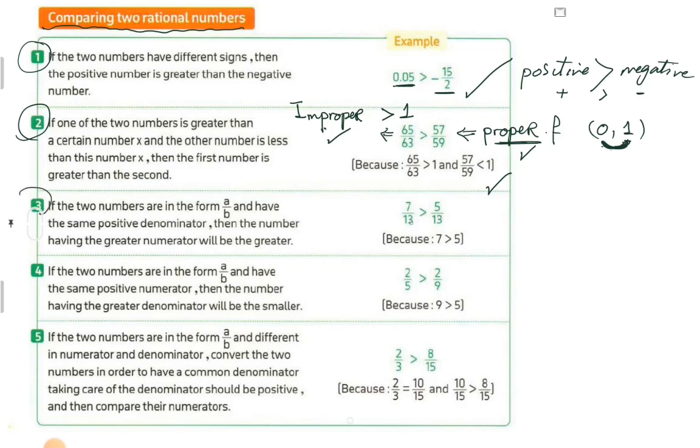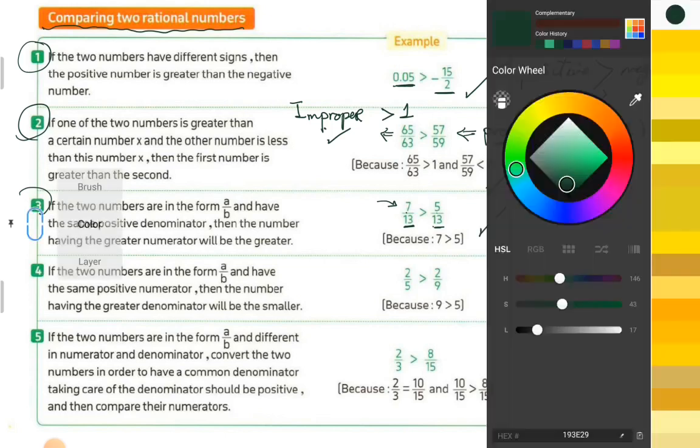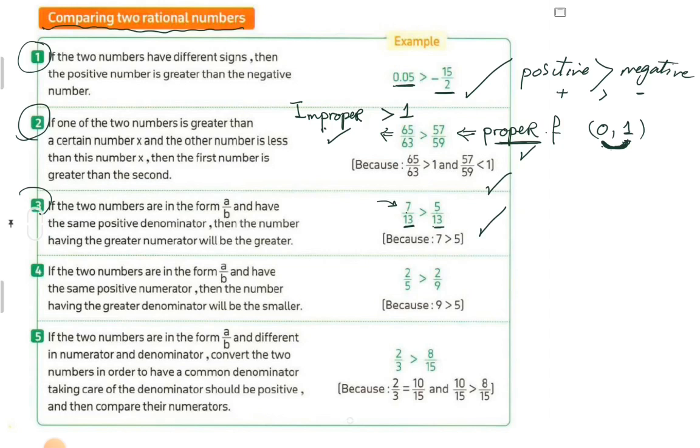Number 3: we have two fractions with like denominator, like 13. So the biggest numerator is the biggest fraction. We have 13 and 13, so the fraction with 7 is greater than the fraction with 5. And the opposite, number 4: we have the same numerator 2.